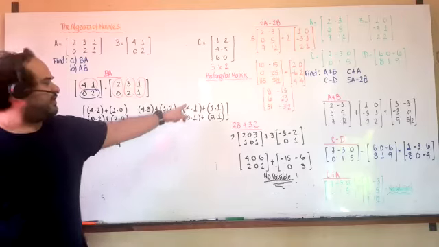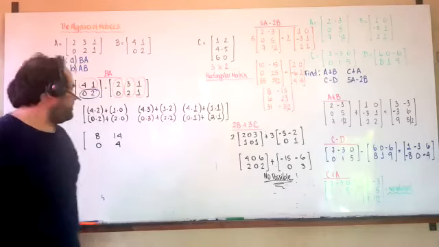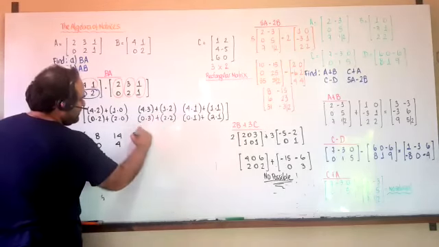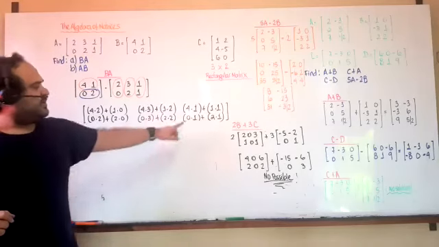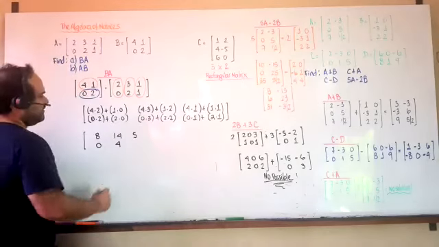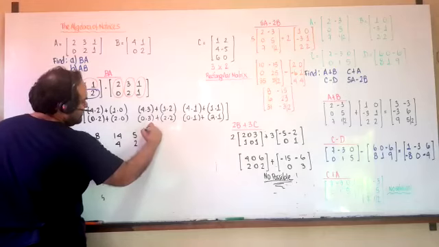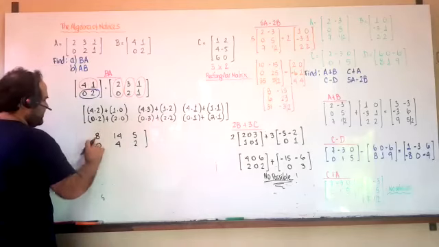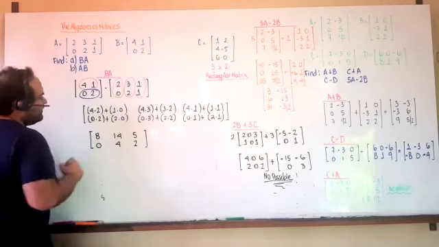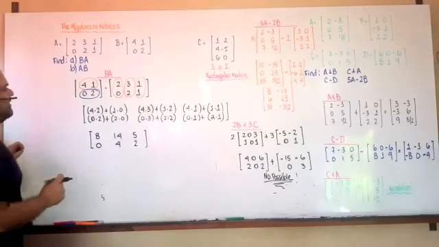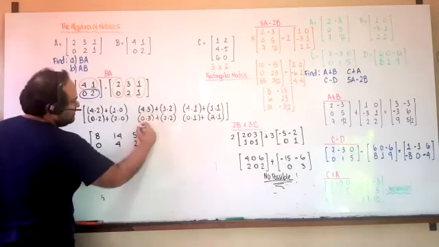And the last one, 4 plus 1 will be 5. And 0 plus 2 will be 2. And this is going to be the answer from the product between B times A. Understood?